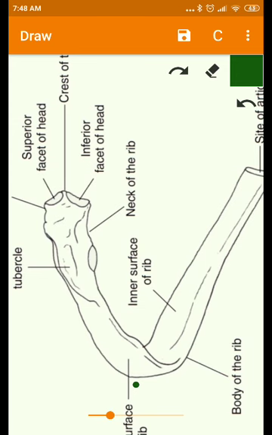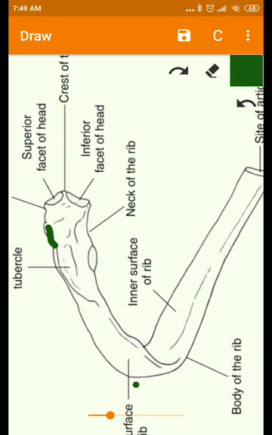The neck lies in front of the transverse process of its own vertebra. I have told you to consider this one as the third vertebra. The neck has two surfaces, anterior and posterior, and two borders, superior and inferior.